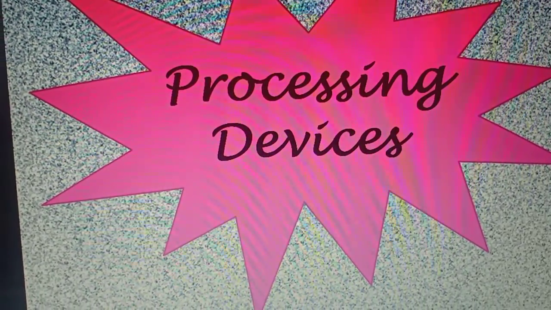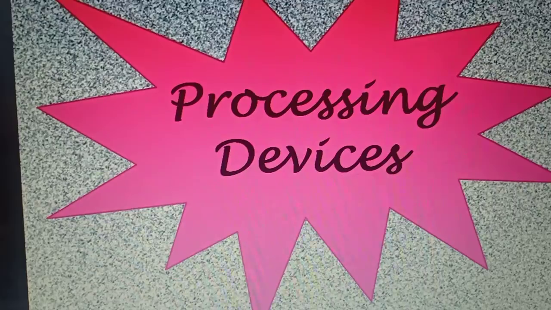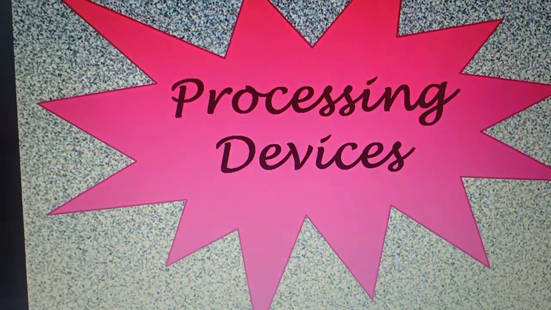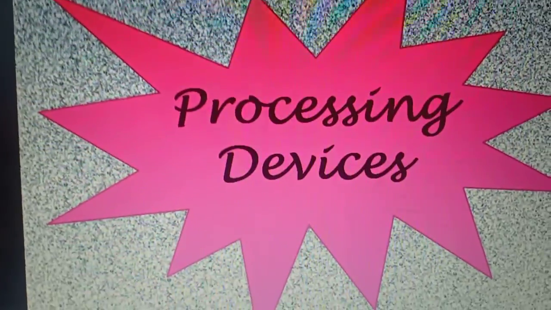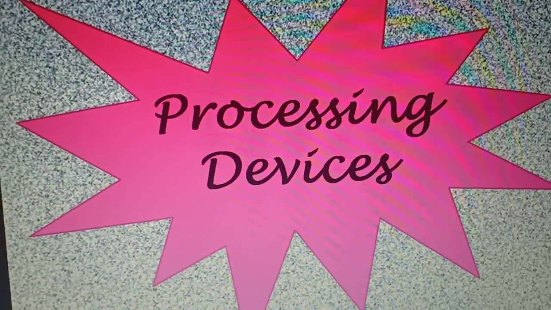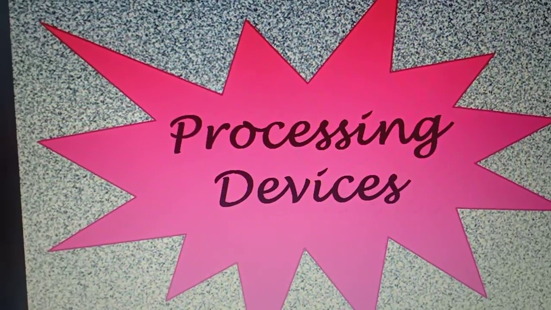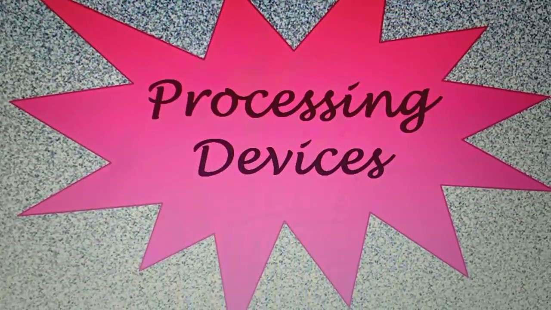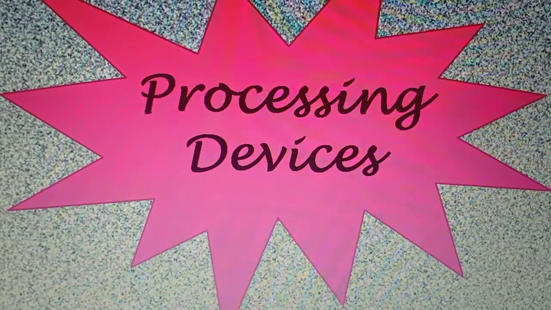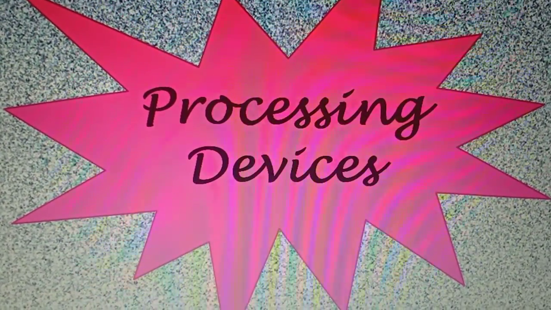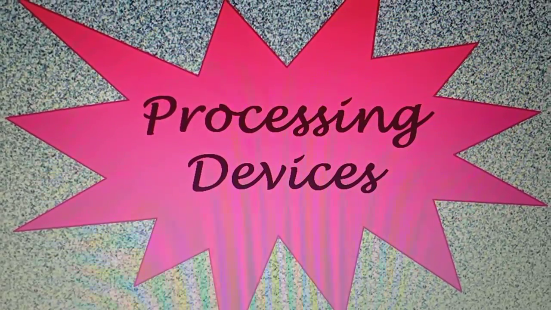Processing device means the device which is used to process the data into the information, that is called the processing device. We are inputting data by using the input devices and we are getting the result as output by using the output devices. But in between these two, while data is entered inside the computer, that needs to be processed inside the computer.